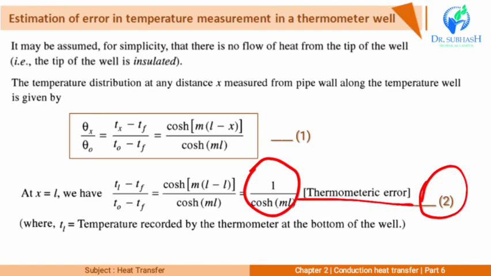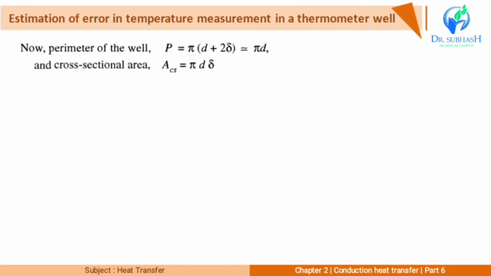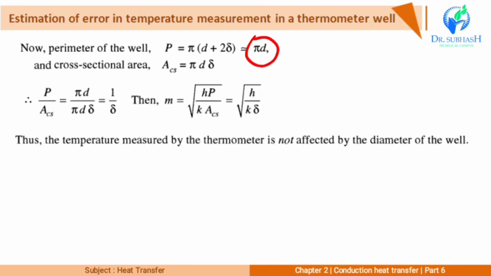Say equation number 2. Here the T suffix L is the temperature recorded by the thermometer at the bottom of the well. Now perimeter of the well, P is equal to pi into D plus 2 delta, or here nearly equal to pi D, and cross sectional area is equal to pi into D into delta.